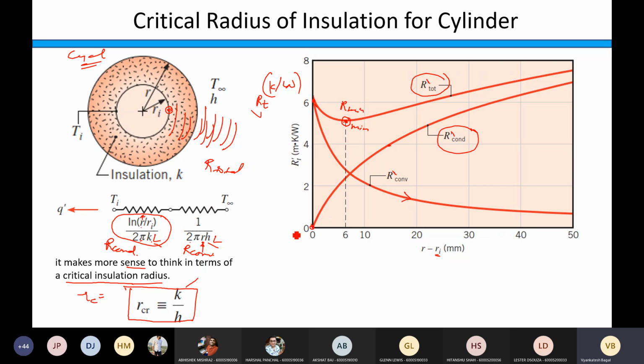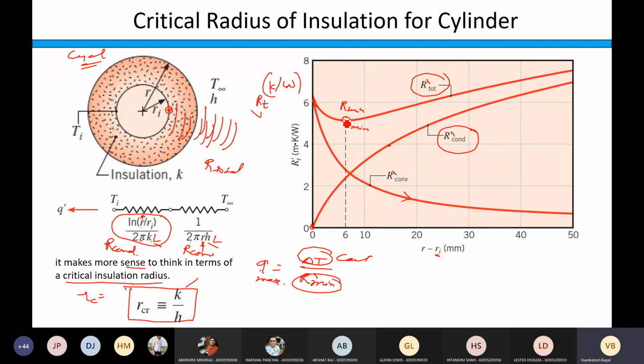So if you use this expression ΔT by R, keeping ΔT constant, if you get R as R minimum, then this Q must be maximum. Yes sir, inversely proportional.